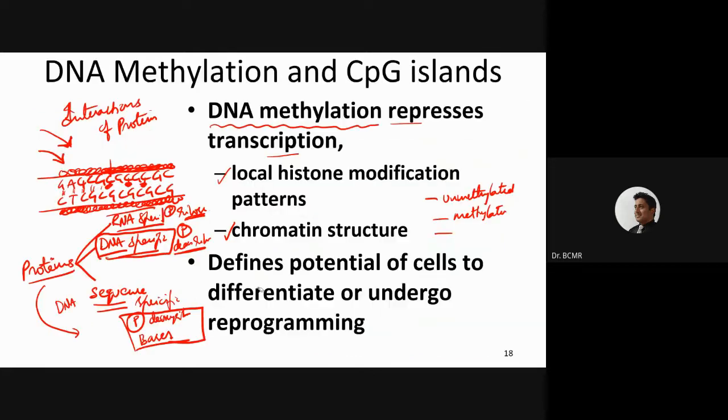As I said in the previous slide, what does DNA methylation do? It affects the way proteins interact. That means the consequences of DNA methylation can be many different things, and they will depend on where in the locus, the locus of the CpG, it is present.